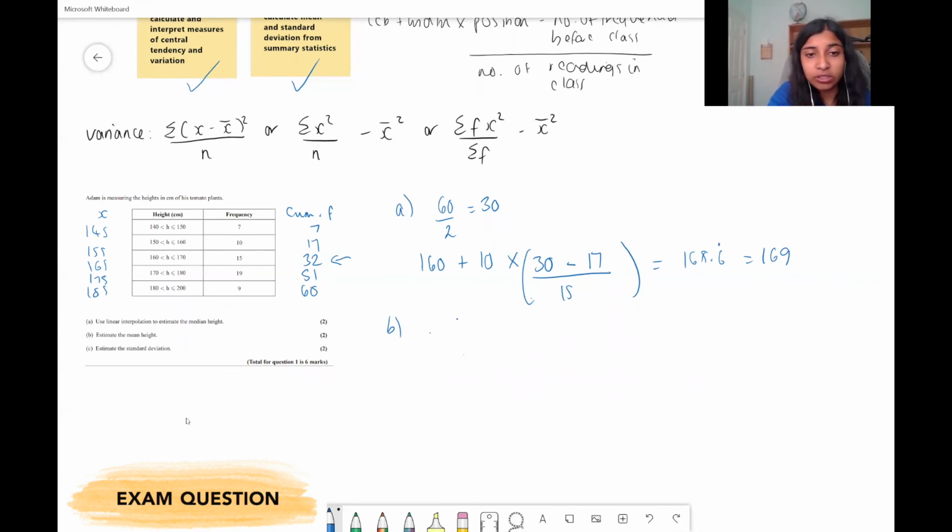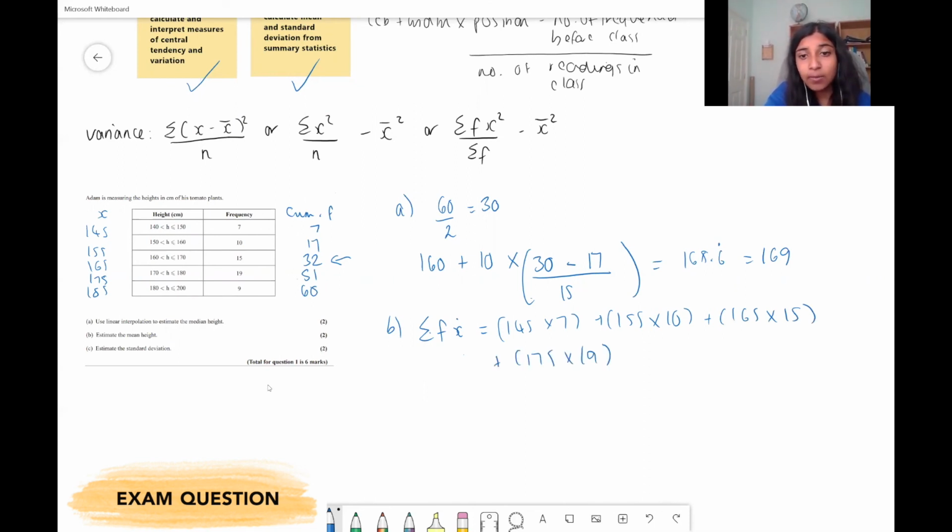So now we want to do the sum of fx, because we know the formula for mean is sum of fx over sum of f. So to do that, we would have 145 times 7 plus 155 times 10 plus 165 times 15 plus 175 times 19 plus 185 times 9.